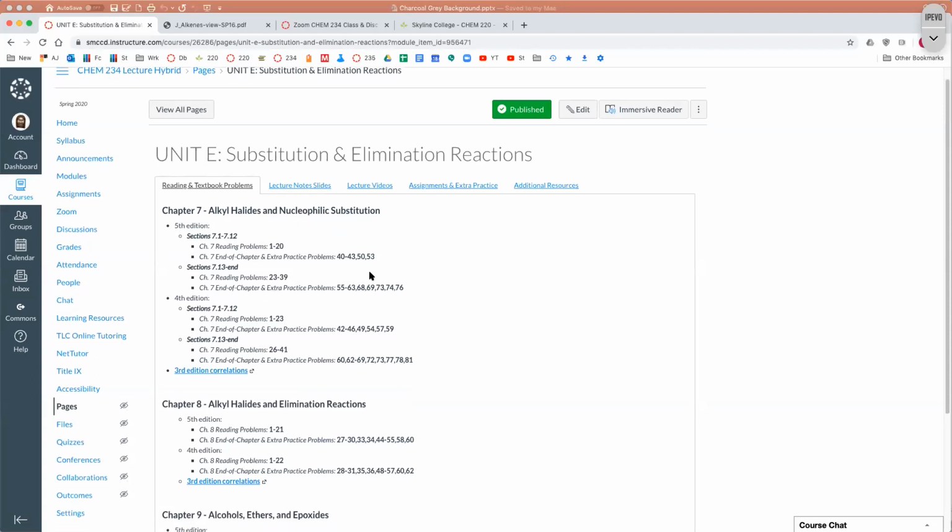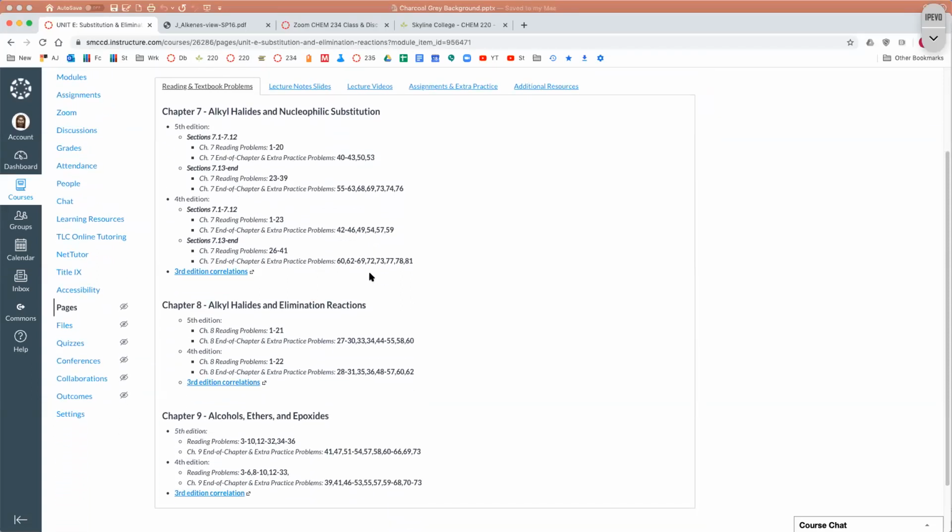Now, when it comes to the more fundamental substitution and elimination reactions, because some are under acidic, some are under basic conditions, we'd be looking at chapters 7 and 8.